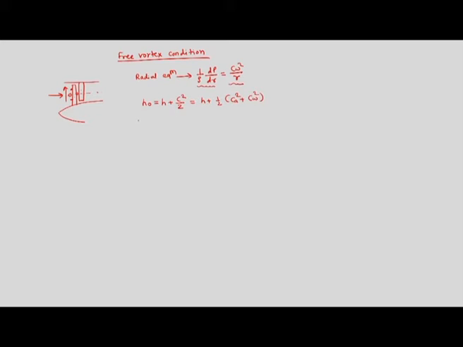Further, we can differentiate this H naught and then we get dH naught by dr is equal to dH by dr plus Ca into dCa by dr plus Cw into dCw by dr. This is equation number 1.